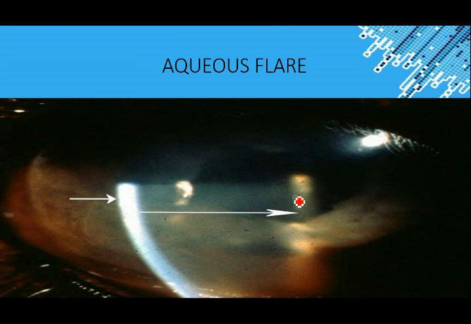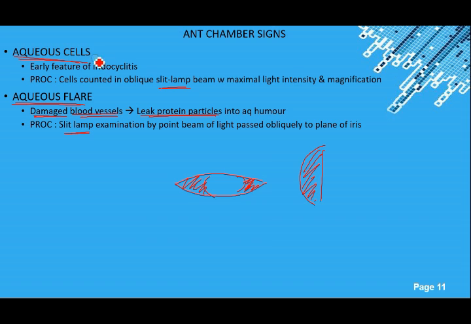It looks like this. Now these two are important. So in the chamber you're going to see aqueous cells and aqueous flare.